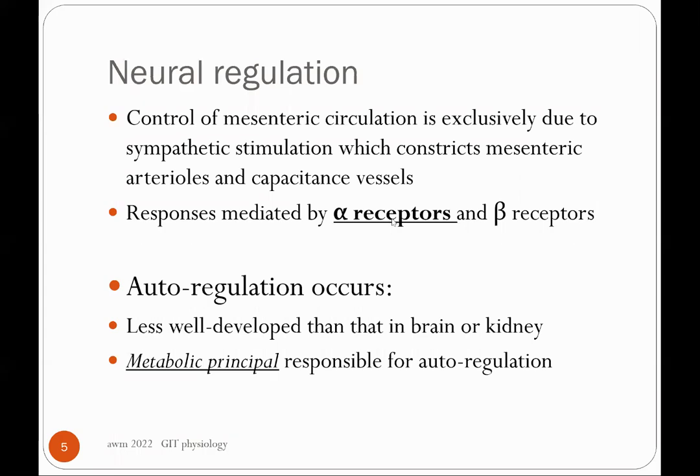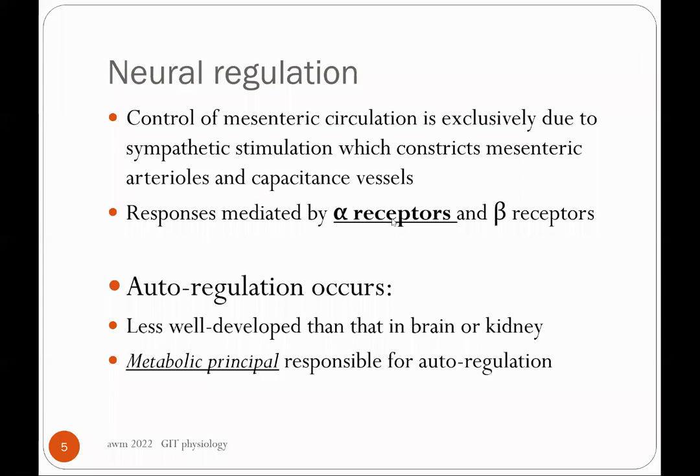So what is the metabolic principle? I'll refer you also to the books to go and read more about this. But basically what happens is that as you get more and more metabolic byproducts, for example, as the meal is being digested and you're getting breakdown, you're getting a buildup of amino acids and lipids and glucose and fructose. All of those, as they are building up in the bloodstream, you're getting an increase in these metabolic byproducts.